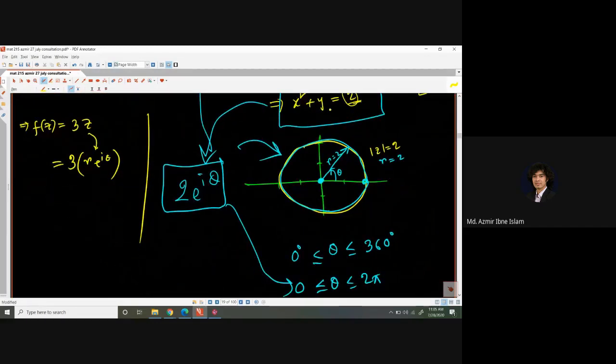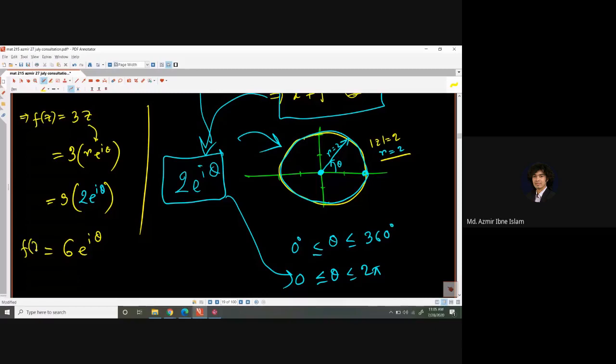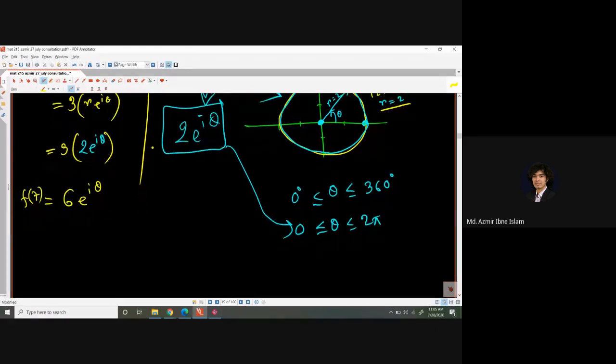You can also go by x plus yi, no problem. So 3, and now what is the value of r? Already you have r equal to 2, so 3 times 2 e to the power i theta. Finally, you are getting 6 e to the power i theta. So that is f of z. Up to this part, it is enough to figure out what the actual graph in the w plane will be.